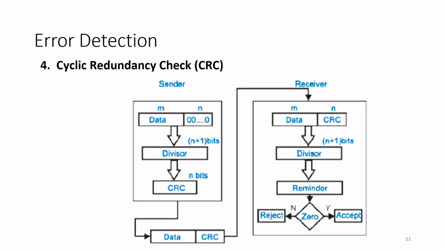This is the fourth method of error detection, that is the CRC, which stands for cyclic redundancy check. Here M indicates the original data, and N indicates the number of zeros to be appended to the original data.